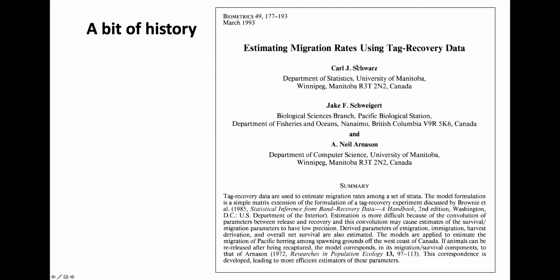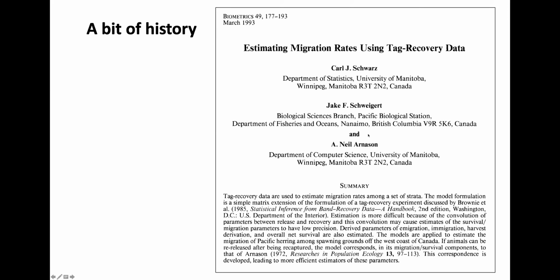Okay, before we jump into the details, a bit of history. I like history. The first mention of a generalization of the Cormack-Jolly-Seber model dates back to several papers by Neil Arnason, this guy here, in the 70s. But Arnason's models were not used before this paper by Arnason and Schwarz 20 years later, after Neil published his 2 or 3 papers in the 70s.